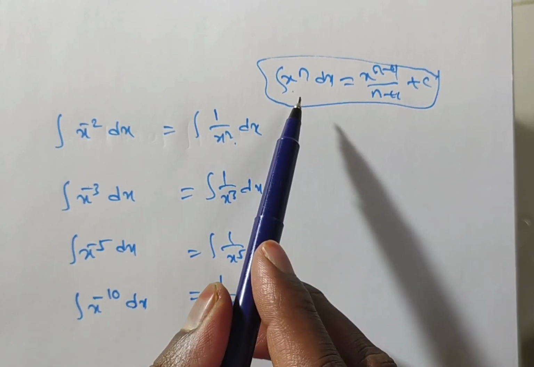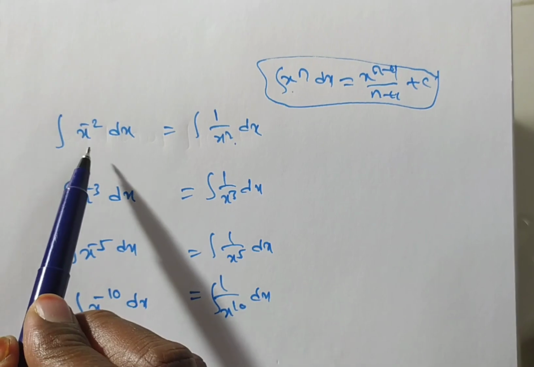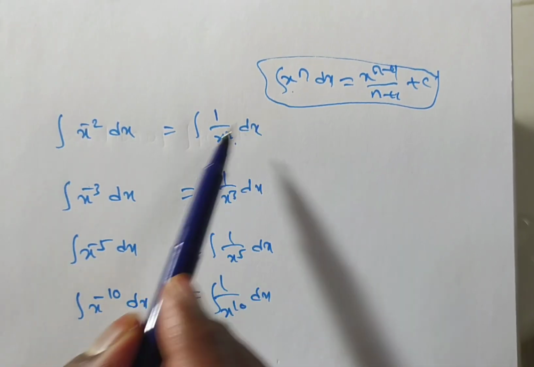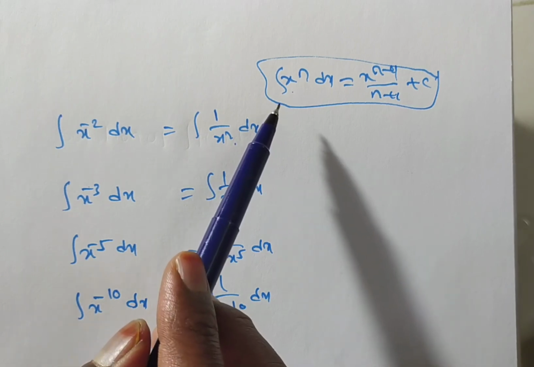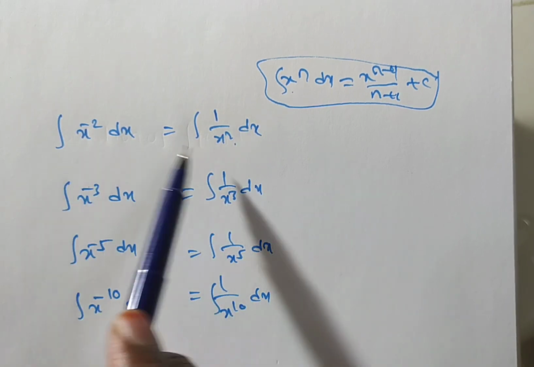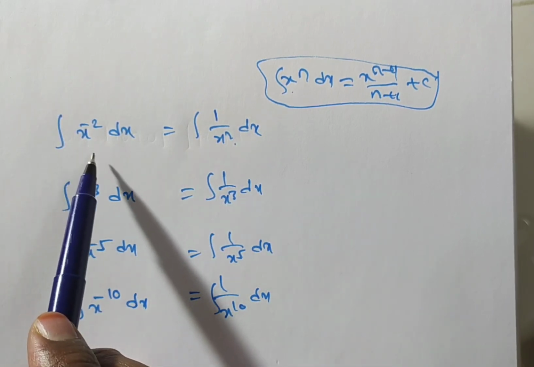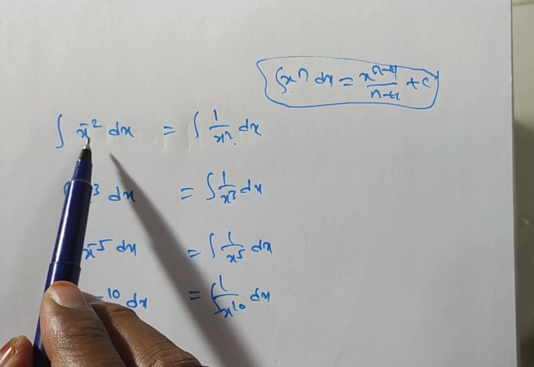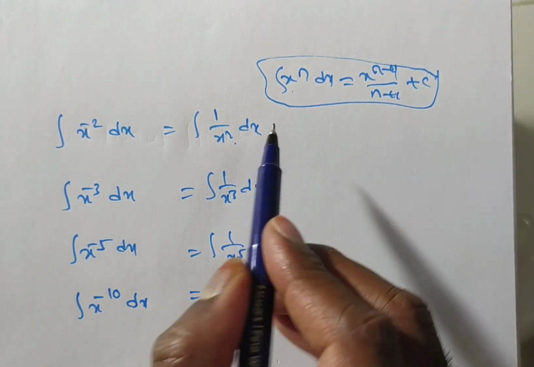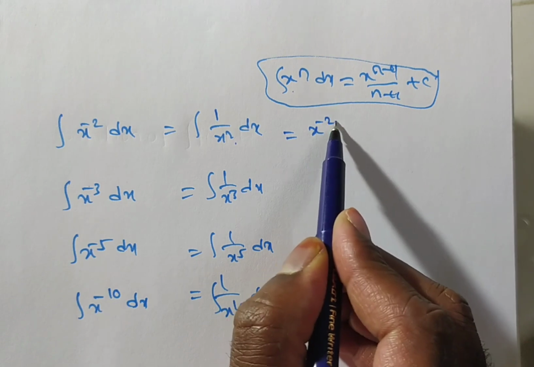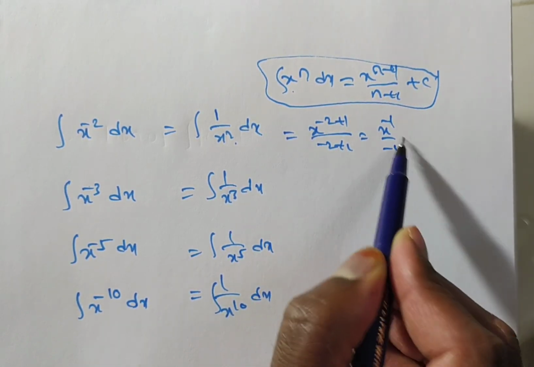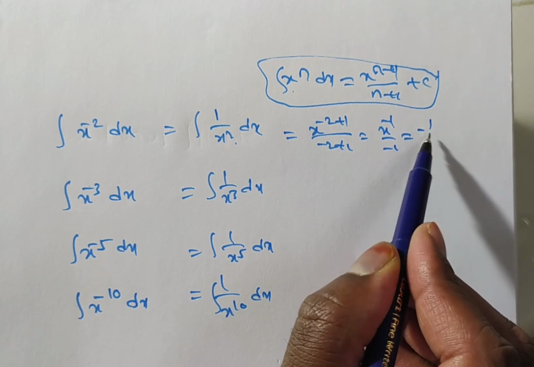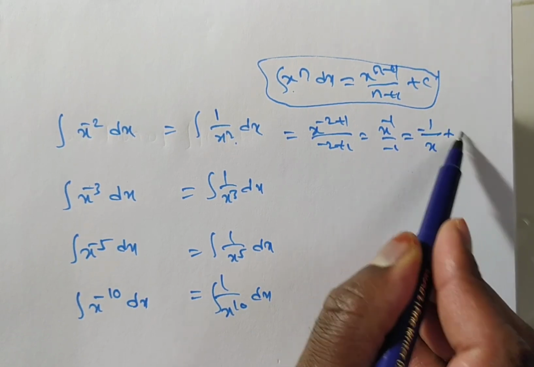But this 1 by x square is not in the form of x power n. So what we have to do in this case is convert it, because x is not in the numerator. Of course you can say 1 by x square, but x is not in the numerator. So convert it to x power minus n form. Then x power minus 2 is nothing but n equal to minus 2. So x power minus 2 plus 1 by minus 2 plus 1, that is x power minus 1 by minus 1, nothing but minus 1 by x plus c.